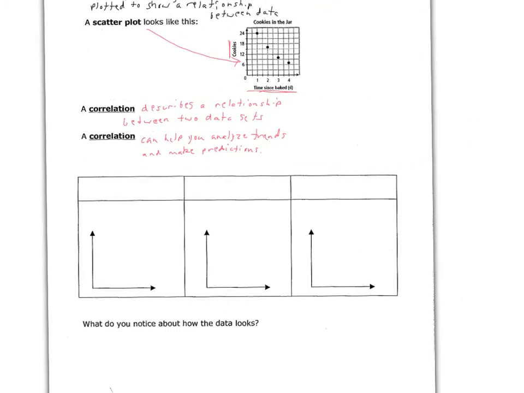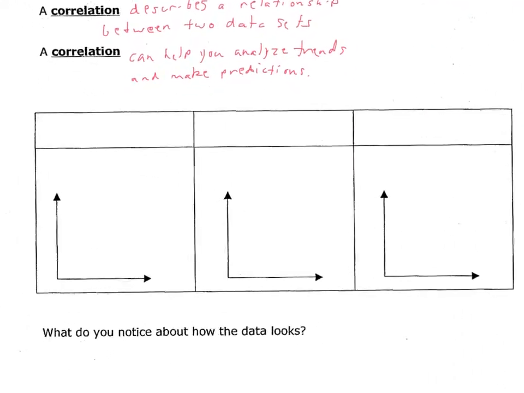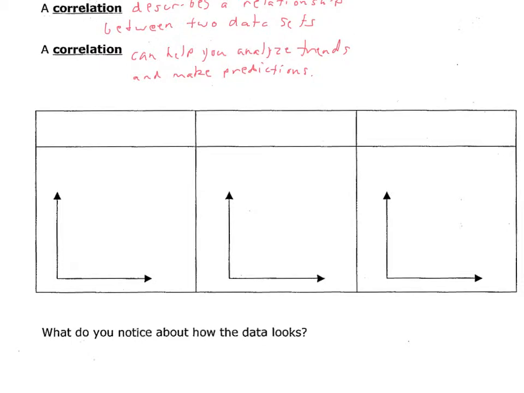When you're talking about correlation, there are three different types. The first is positive correlation.